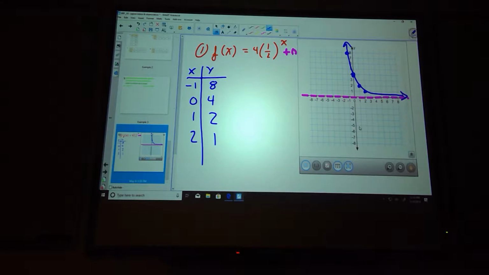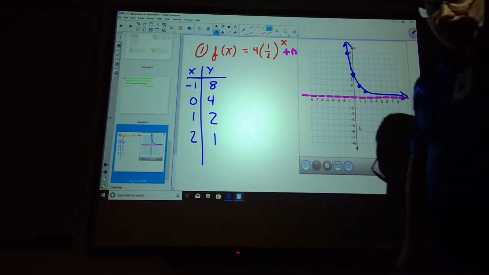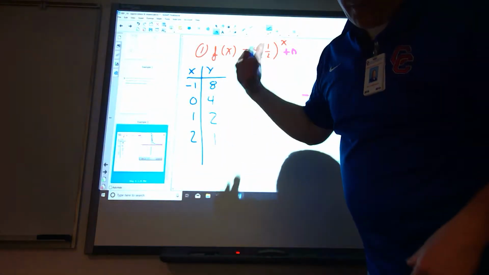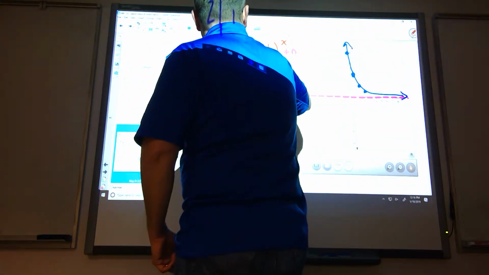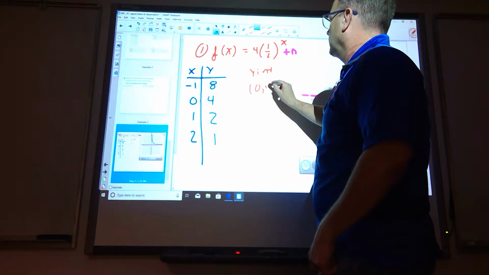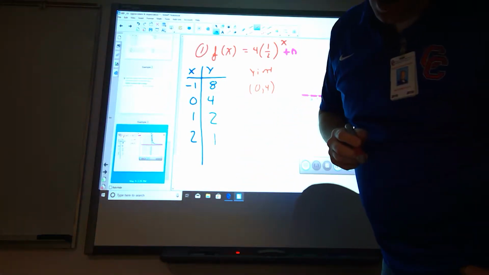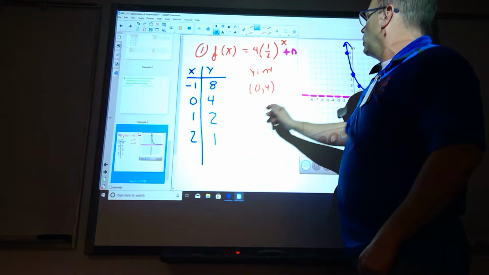So does everything up here make sense so far? All right. So sketch the graph. We got it. What is the y-intercept? Well, the y-intercept is 0, 4. Perfect. What equation of the horizontal asymptote?